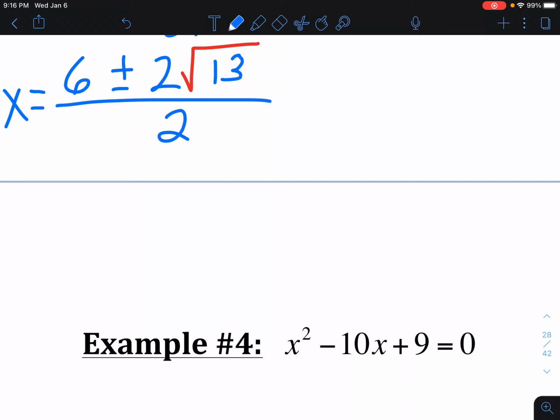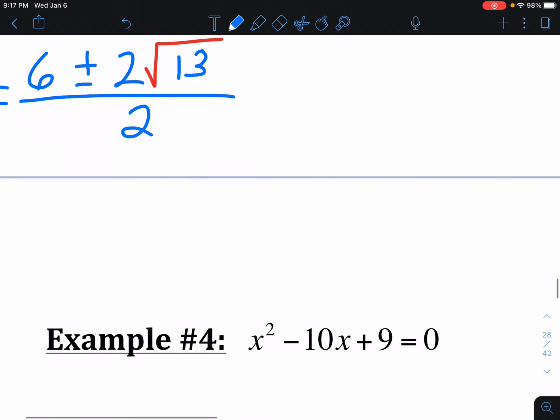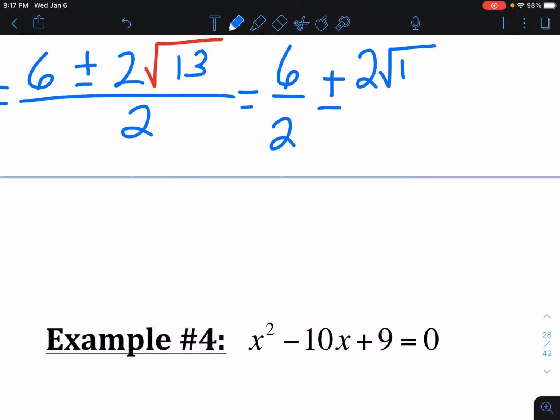So I'll repeat that. When you pull a number out of the radical, you need to try to check to see if you can simplify the fraction. So here's what I would suggest. I would suggest splitting this up into two fractions, such as 6 over 2, and then the plus minus 2 root 13 over 2.